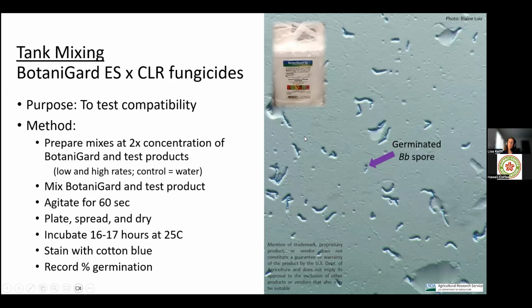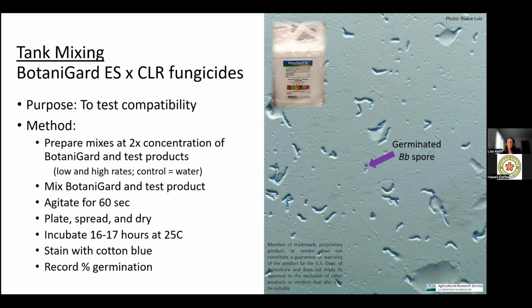Okay, some other experiments. Now, sadly, we have coffee berry borer as well. To get a better understanding of compatibility, if you're mixing products, the Botanigard for CBB control and the various fungicides, same type of testing.